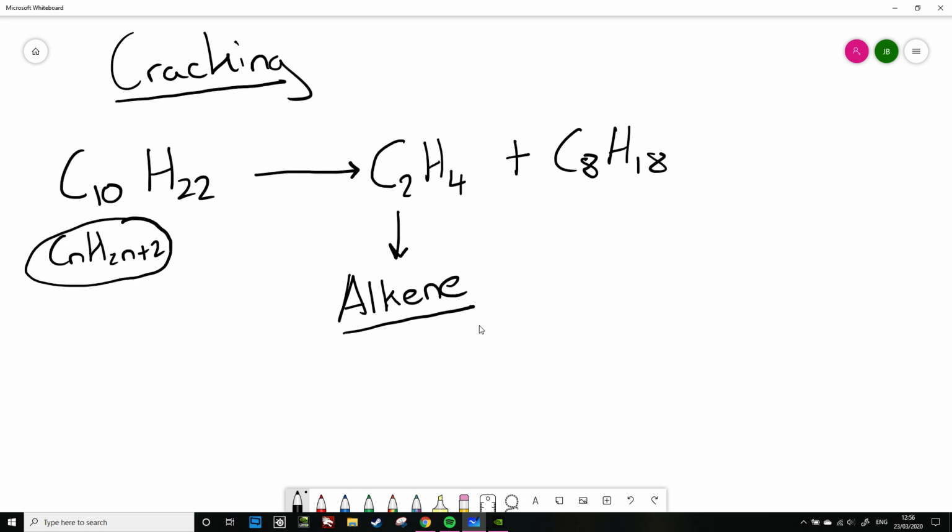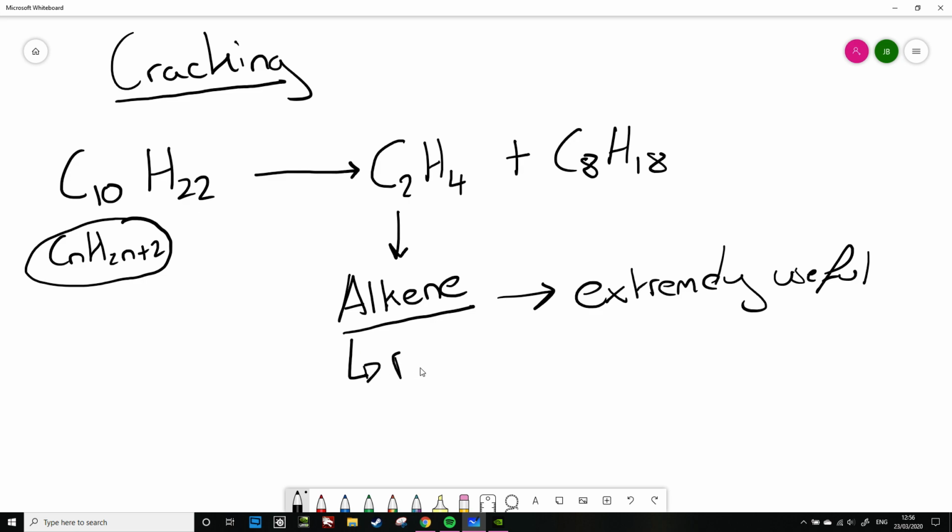Now, one of the things we make is an alkene. Now this is extremely useful. And this is why we do cracking often, to get this alkene. Because the alkene has what we call a double bond. And it will look a bit like this.